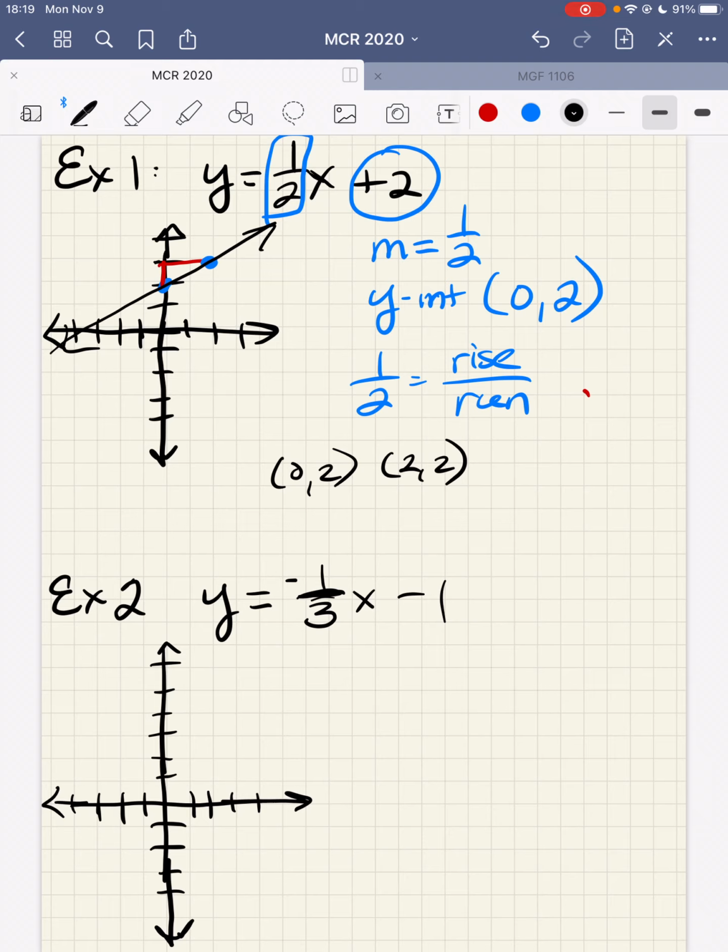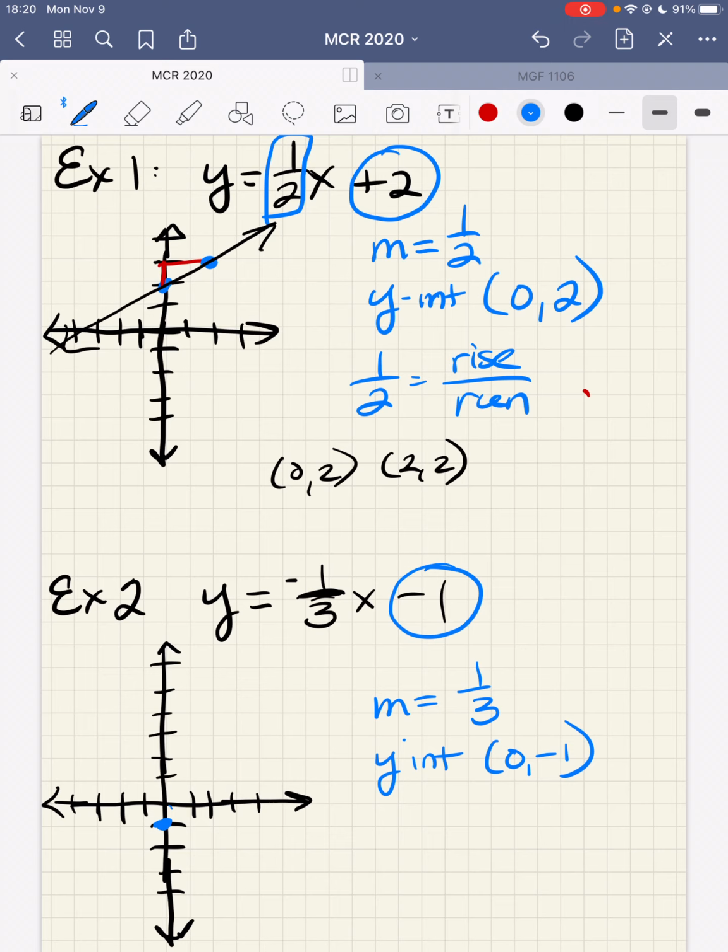Example 2, I have an m is equal to -1/3. My slope in this case is a -1, so my y-intercept is -1. So my y-intercept is an ordered pair 0, -1. So again, I'm going to start from my y-intercept, which is 0, -1.